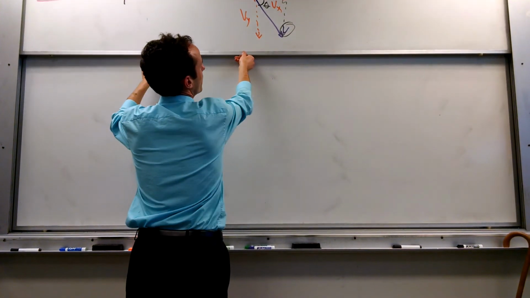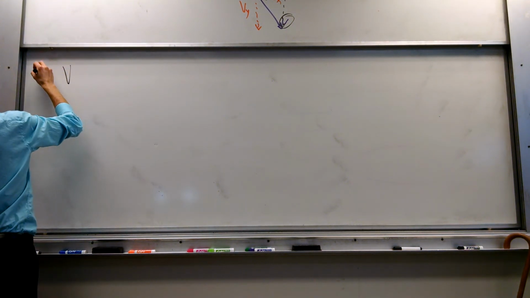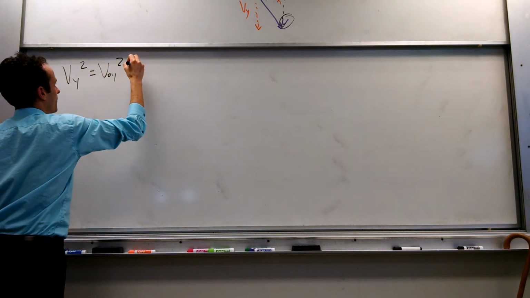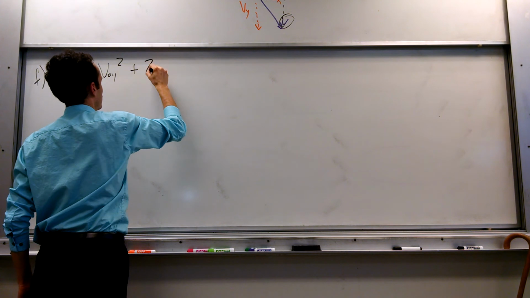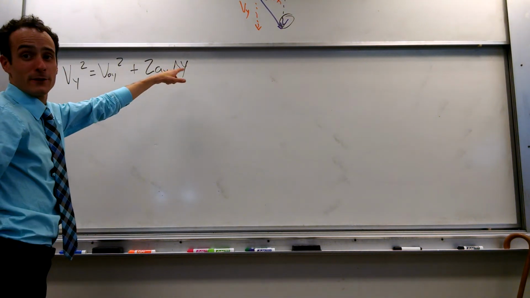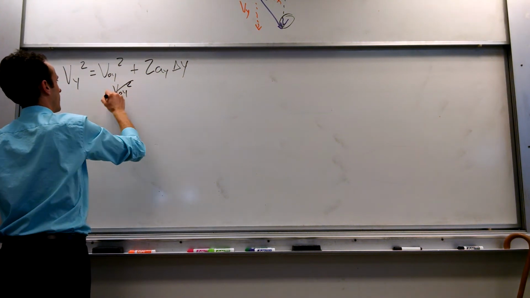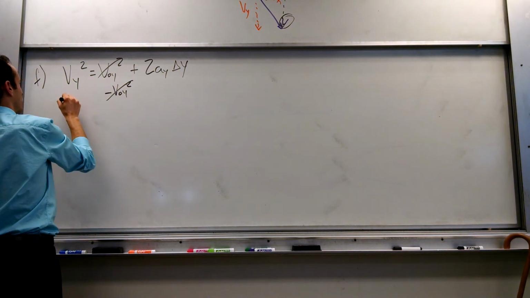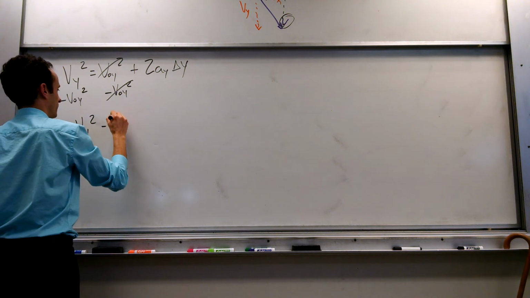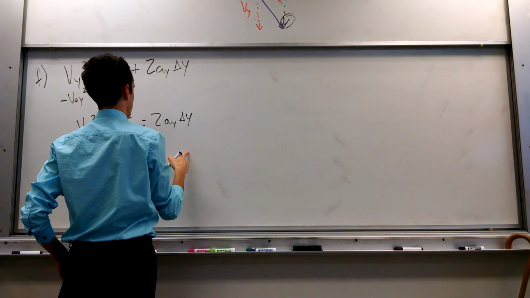Here we go. For part F, finally, Vy squared equals V naught y squared plus 2ay delta y. I'm solving for delta y, so I'm going to isolate it. I subtract V naught y squared from both sides, so I have Vy squared minus V naught y squared equals 2ay delta y.